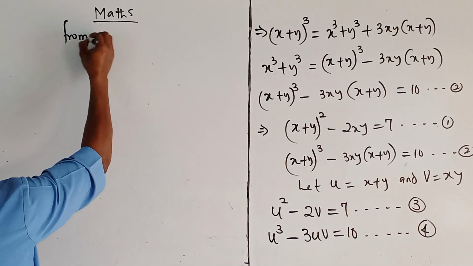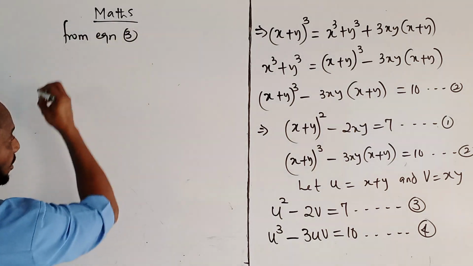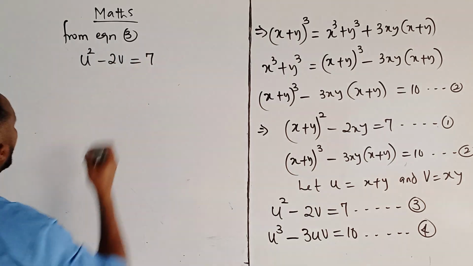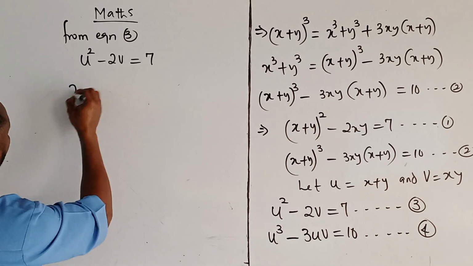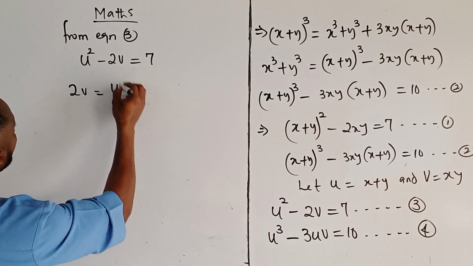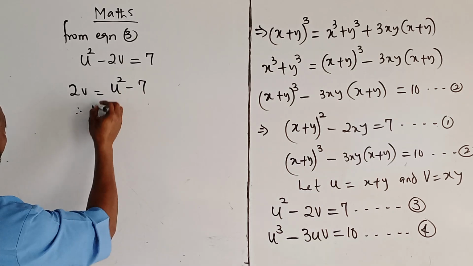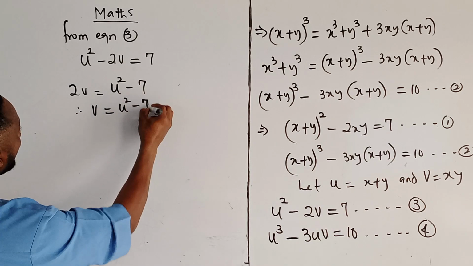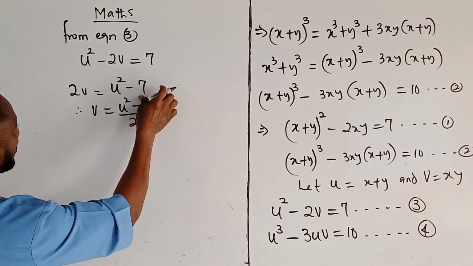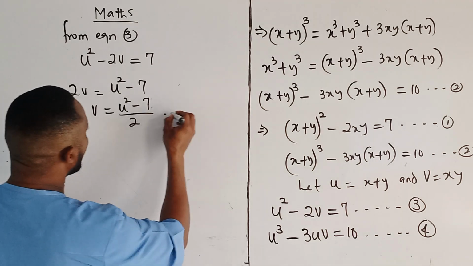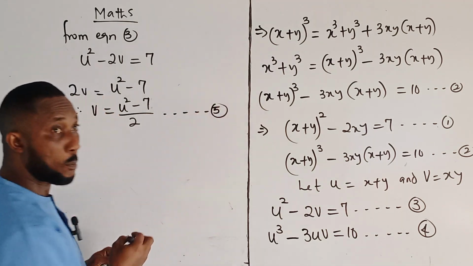Okay, from equation 3, we have u squared minus 2v equal to 7. If I take 2v across, I'll have 2v equal to u squared minus 7. So therefore, v equal to u squared minus 7 divided by 2. I can call this equation number 5.